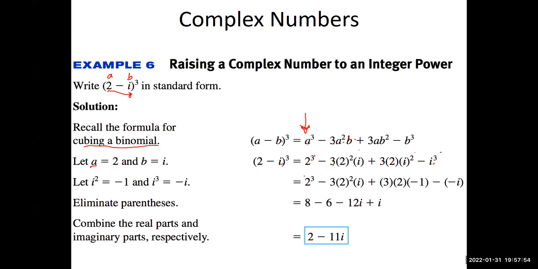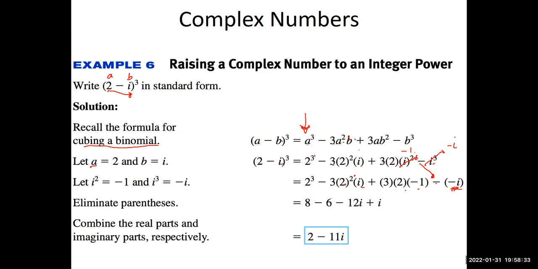Okay? So let's simplify one at a time. So 2 cubed, we have negative 3 times 2 squared multiplied by i. Tapos, this i squared is equal to negative 1. Di ba? i cubed is equal to negative i. Okay? So that will now be 3, 2 multiplied by negative 1, minus negative i.